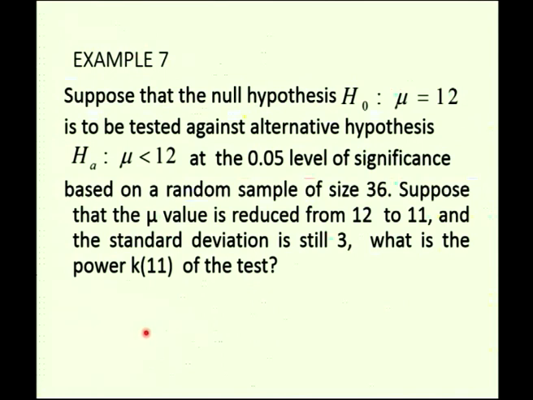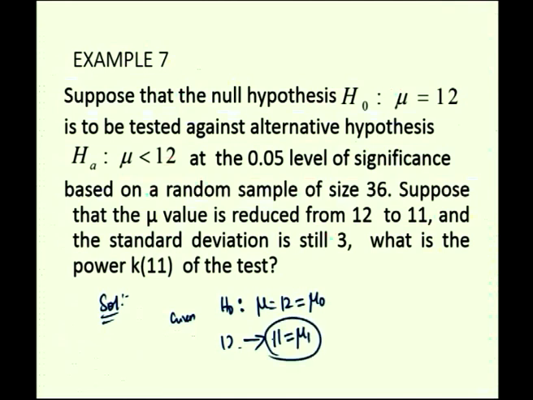We shall see this given H naught such that mu is equal to 12. This is your mu naught value, and 12 is reduced to 11. This is your mu 1 value, 11. You are asked to find the power K of 11 of the test.